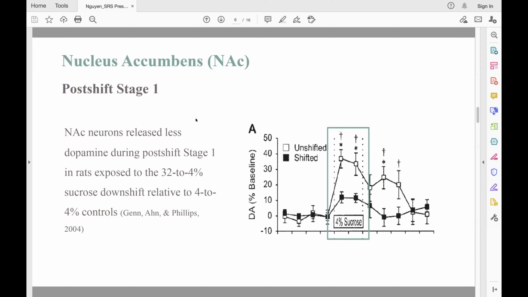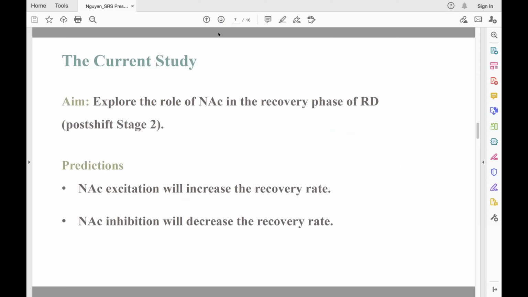However, not much is known about the NAC during post-shift stage 2. So our study aimed to explore the role of this area in the recovery phase of RD. Based on previous literature, we predicted that NAC excitation would increase sucrose consumption during stage 2 and increase the recovery rate, and NAC inhibition would decrease the recovery rate.